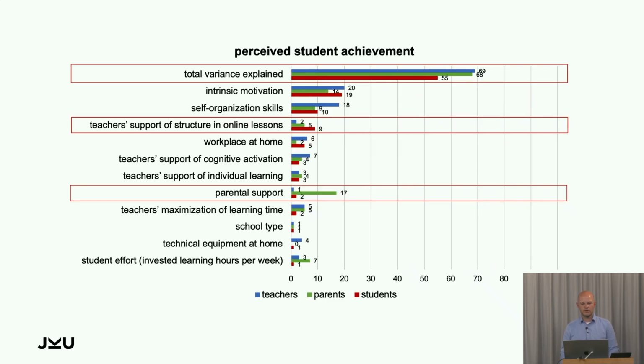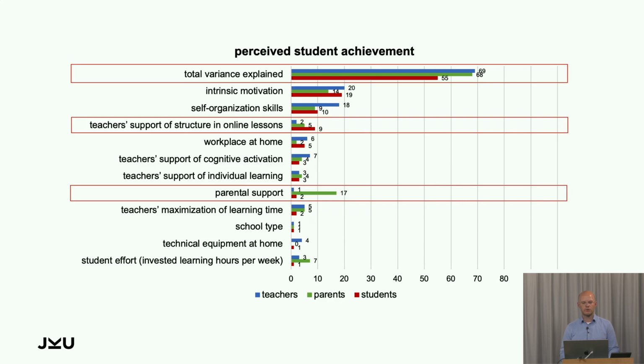On this slide you can see the relative weights for each of the 11 dimensions. On the x-axis, percentage values are reported for the relative weights. So that is then the variance explained. On the top we can see the total variance explained when predicting perceived students' achievement during the first lockdown.